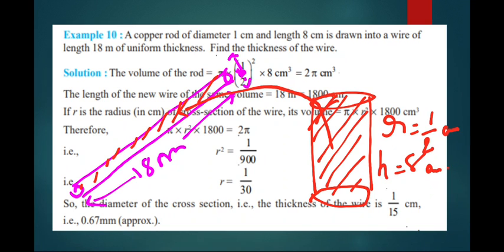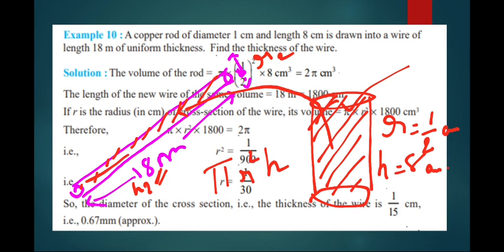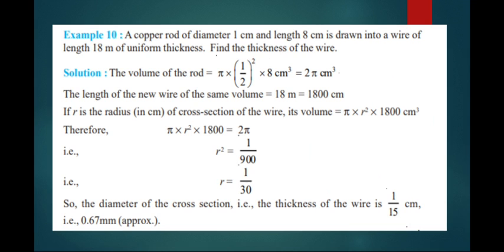So the volume of this copper rod is equal to pi r square h, because it is in the shape of a cylinder. Suppose this one is h2, and you have to find r2. So the volume of this copper wire will be pi r2 square h2, and these two amounts will be equal.